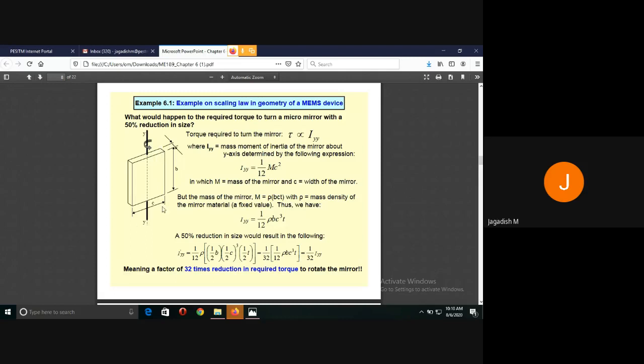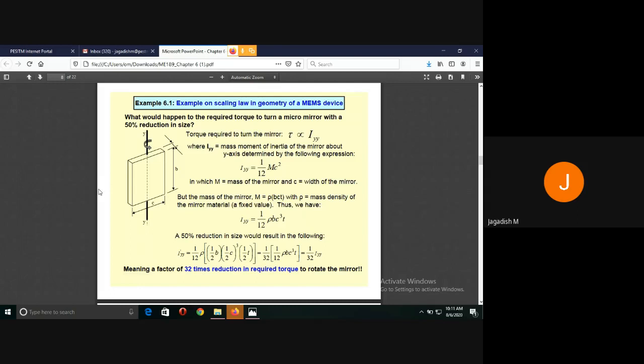Let C, B, and T be the dimensions of this micromirror. If I apply the torque, then this torque is moving in the anti-clockwise direction as indicated by this. Then the question is, if I reduce C, B, and T by 50%, will the magnitude of the torque remain the same?